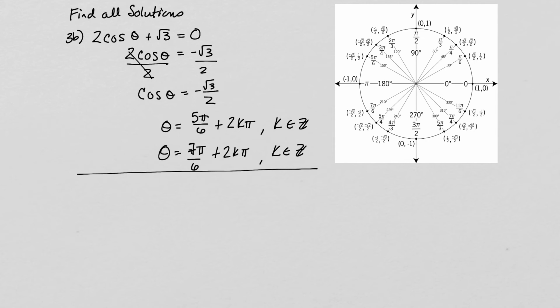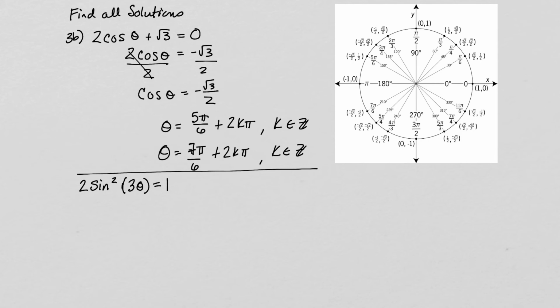So this kind of ties into the last set of problems. Let's say there was one like 2 sine squared of 3 theta equals 1.